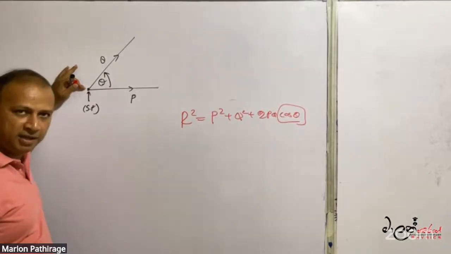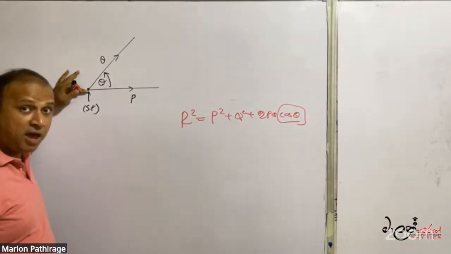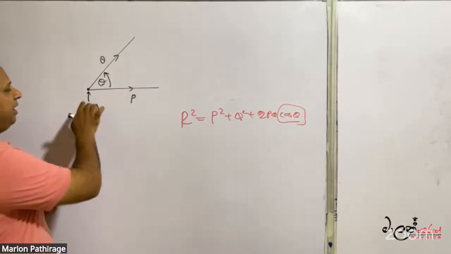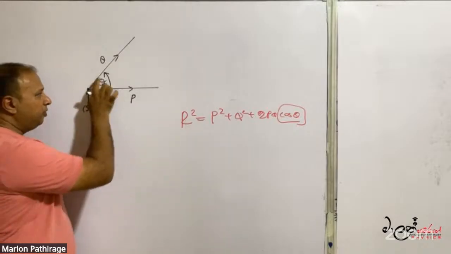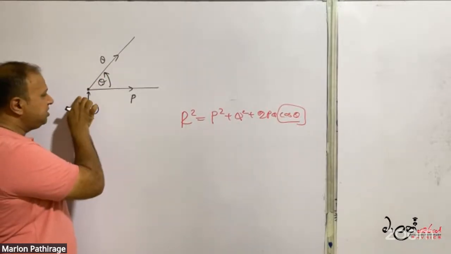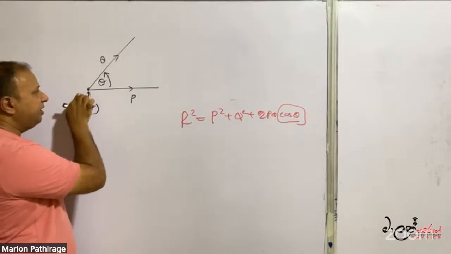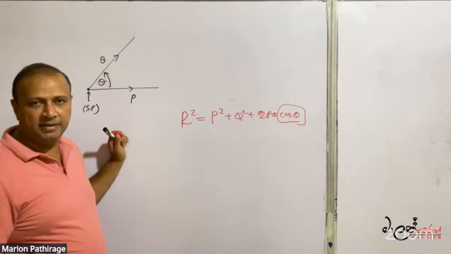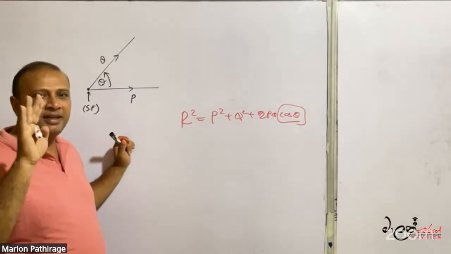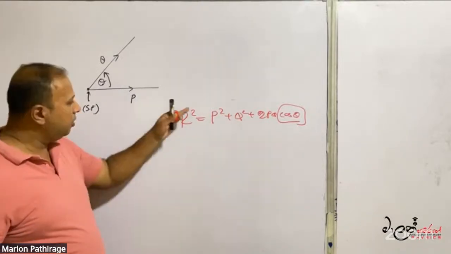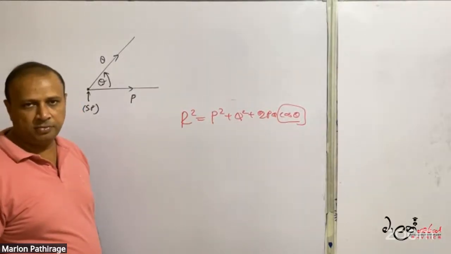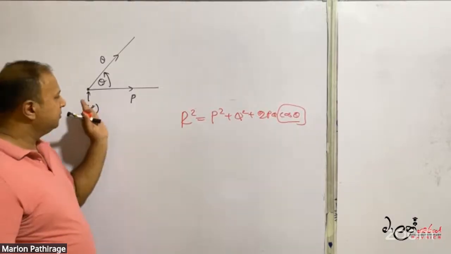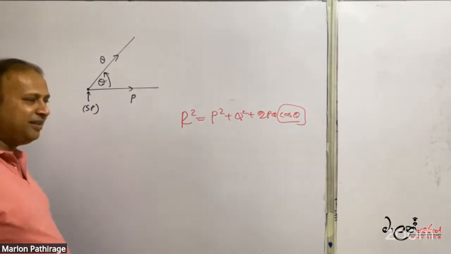First, definitely, you have to consider this point, and this point should be the starting point of both vectors. If this is the starting point of both vectors, then this angle is the angle between two vectors. Actually, that one is needed if you use this equation. If you can use some geometrical relationship, then no need to worry about the angle. Okay.